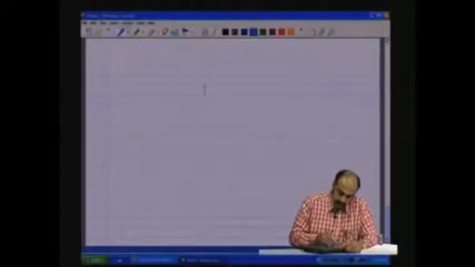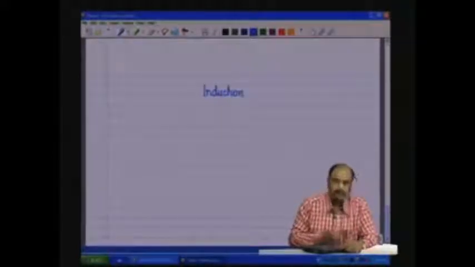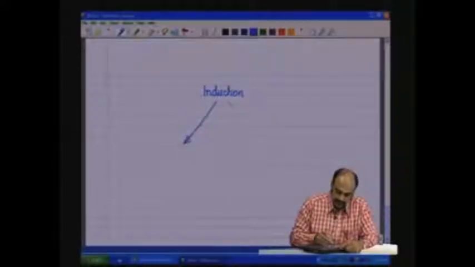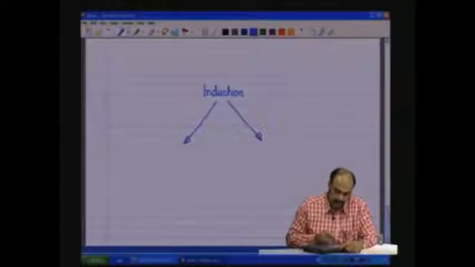Now, induction motors come in two major varieties. One is called the squirrel cage induction motor.